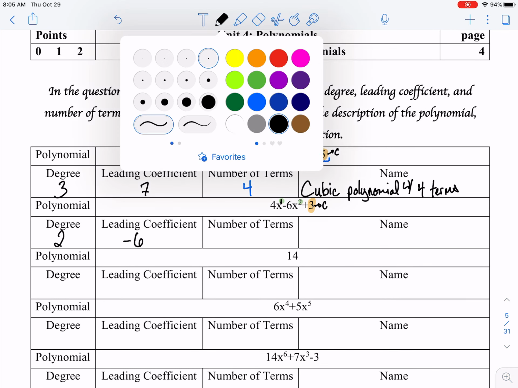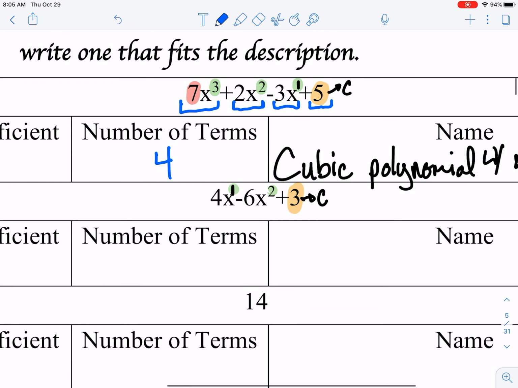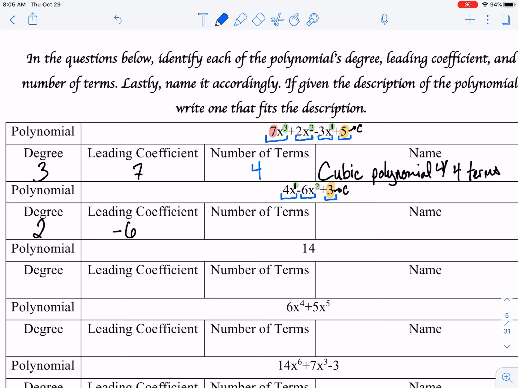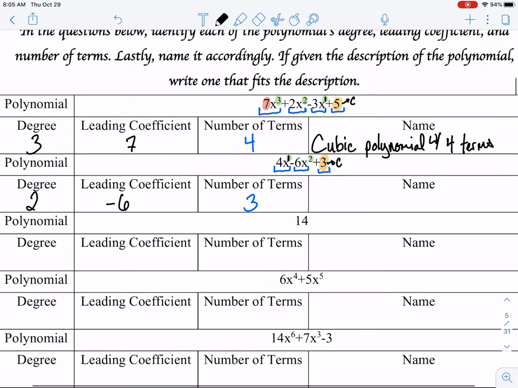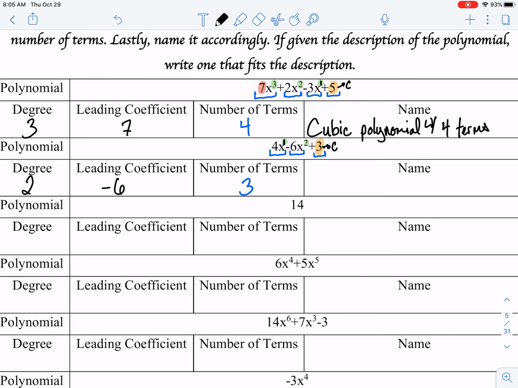Number of terms, again, just break everything apart according to your addition and subtraction signs. So I have 3 terms here. If I want to name it, degree first, so it's a quadratic. Then terms is 3. And the root for 3 was tri. Okay.